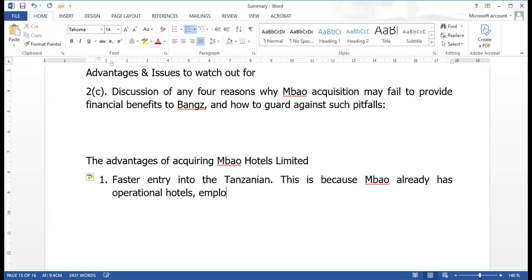Already they have employees on the ground. They have the licenses. They have the customers. They have the suppliers already. Among others, the distribution channels. Already these ones are on the ground. So if you acquire Mbayo, it will help you really because of these things that are already in place.